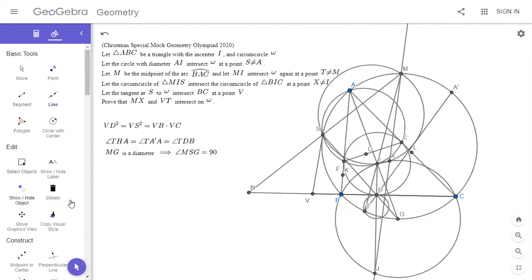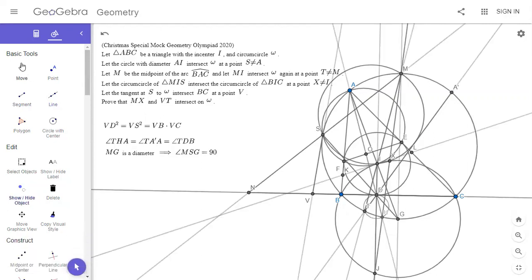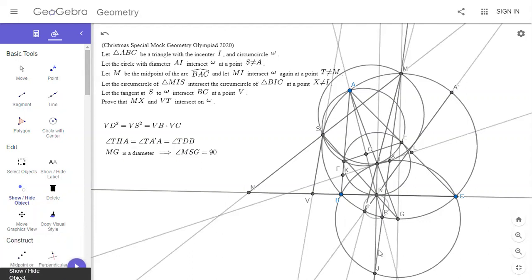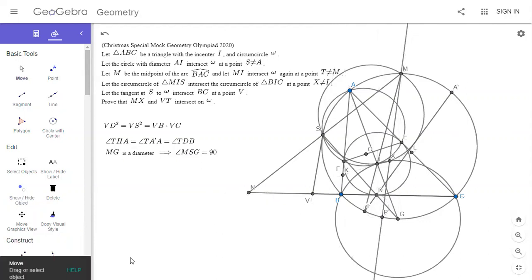We don't know yet that it intersects at this point. So you're using a phantom point approach, right?